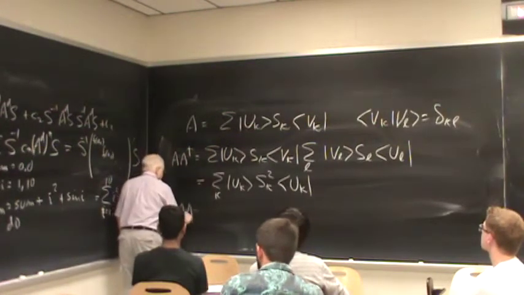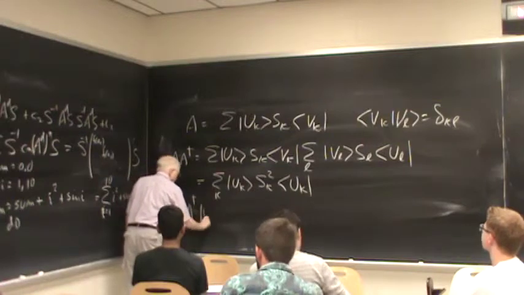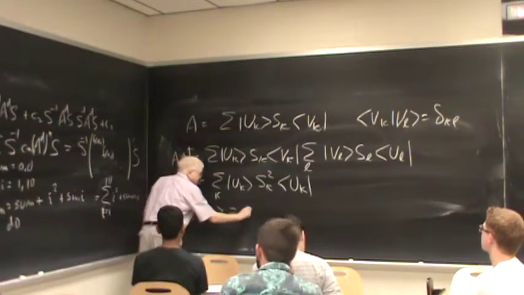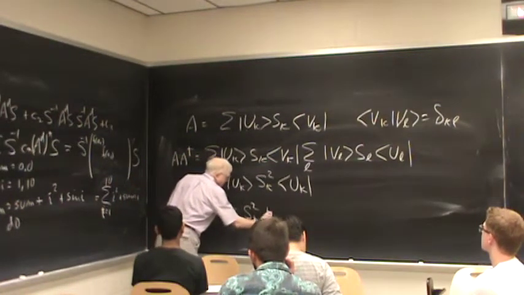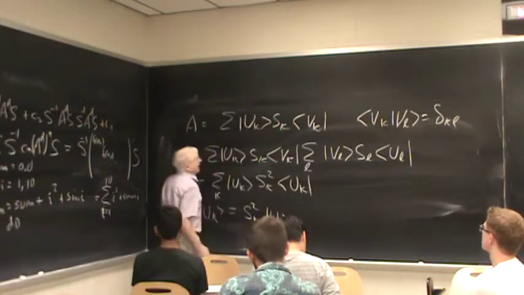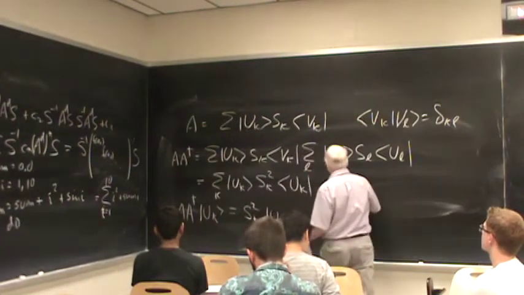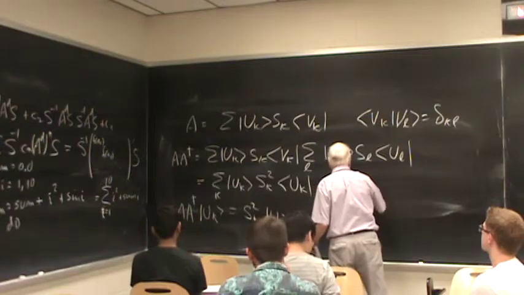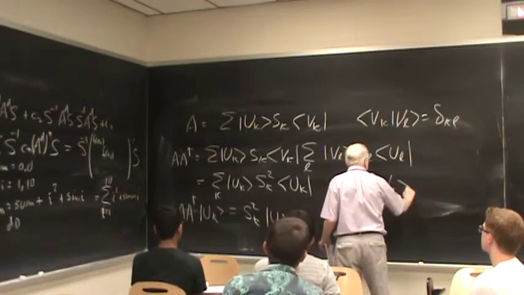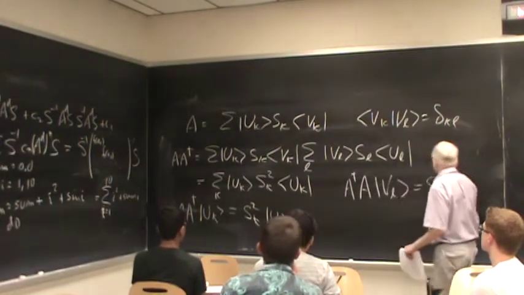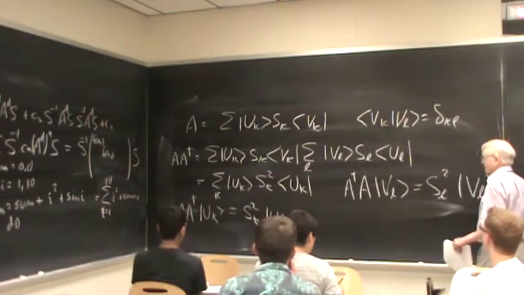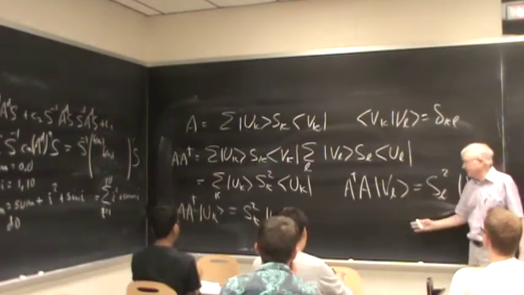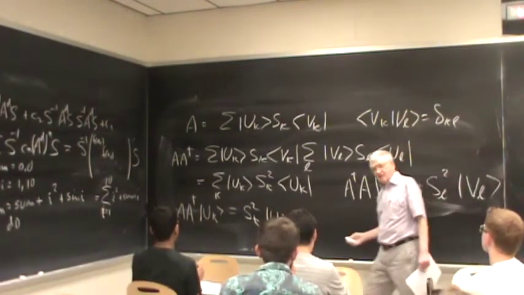That is to say, A A dagger u_k is s_k squared u_k. And let me just, for symmetry, the V's are the eigenvectors of A dagger A.